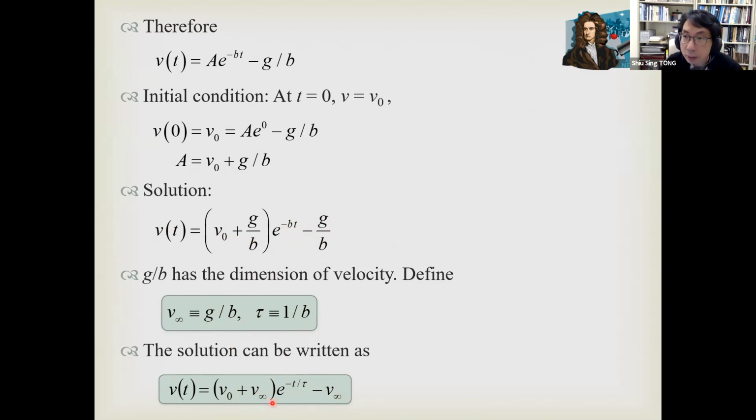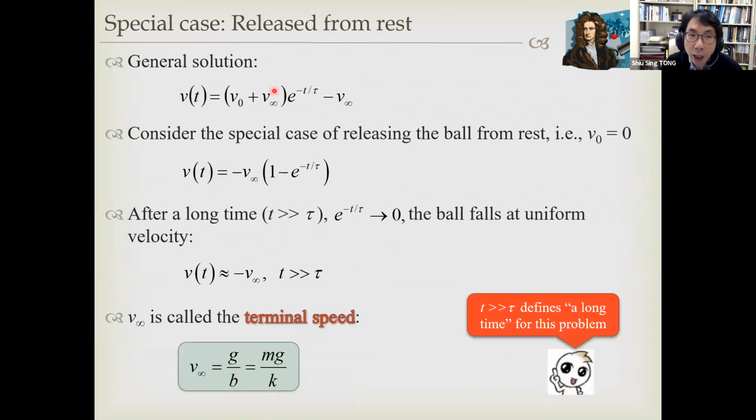Now, having written the equation in this nice manner, we can look at its meaning. But this equation looks a little bit complicated. Okay. So we prefer to look at the simplest situation. The simplest situation corresponds to the case of releasing the ball from rest.